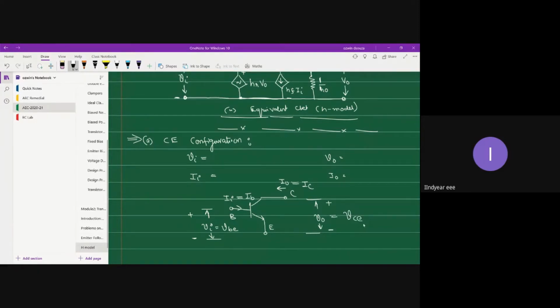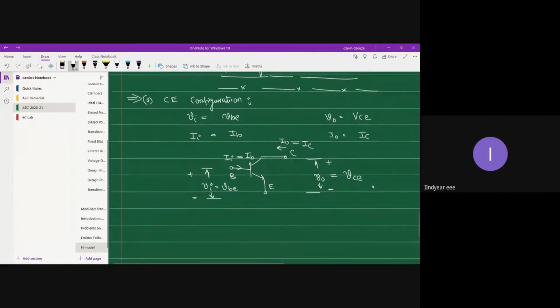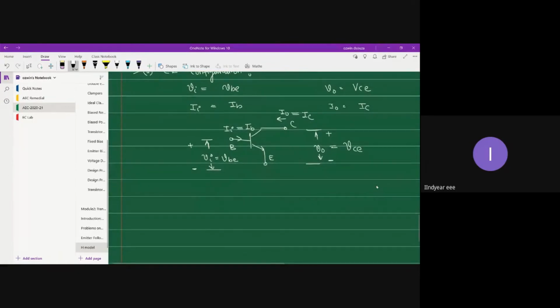Is it understood? That's all. So VI is Vb, V0 is Vc, II is Ib, and I0 is Ic. This is the logic you will carry forward for common base configuration as well as common collector configuration. The rest all remains the same.